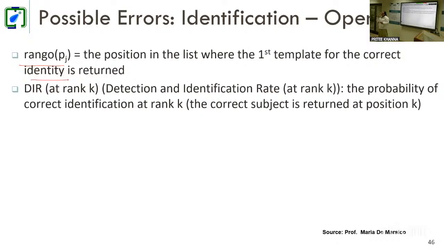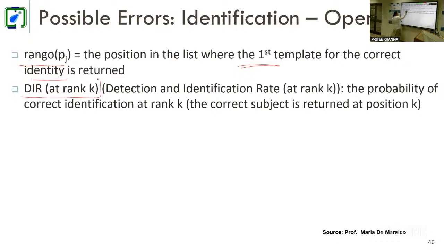In another situation, it was there, but not at the first place, so it was not a correct identification. So now we need to find out at which position. If there is a positive thing, an alarm is there, yes, there might be someone, but at which position is he present? So the position is the place in the list where the first template of the correct identity is written.